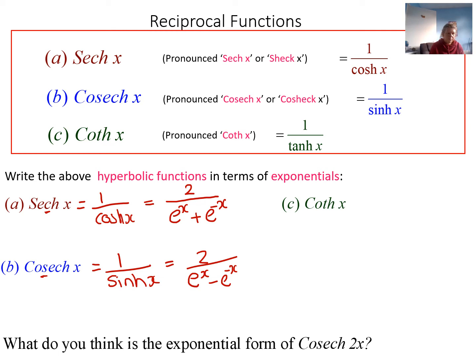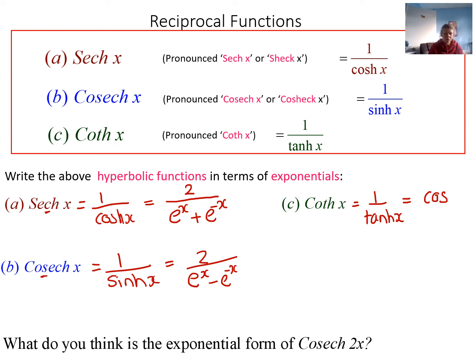And coth, well, that's sinh, no, I can't say these things, can I? It's usually sinh over cosh, it's 1 over tanh. So rather than sinh over cosh, it's cosh over sinh.